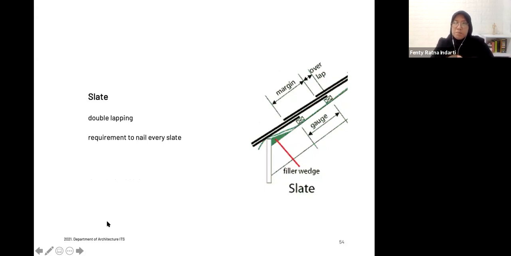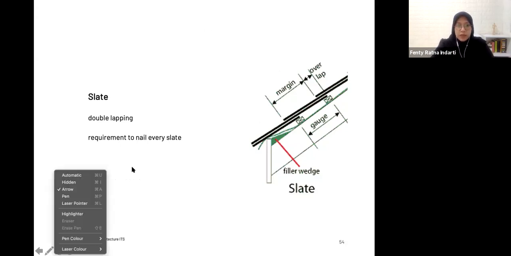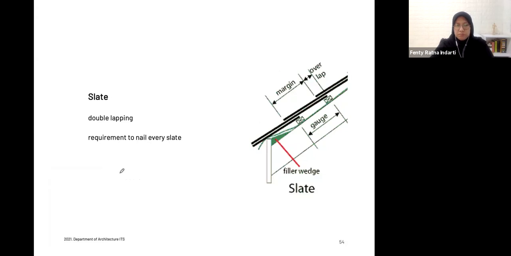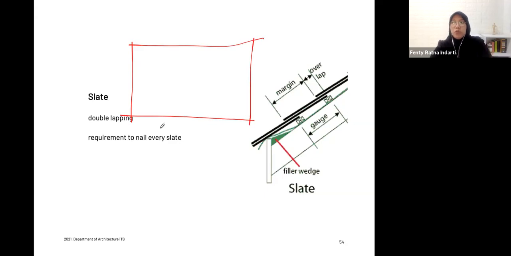This particular configuration is usually used for the metal roof. Well, actually, it's not like every slate. Usually, when you buy a metal sheet for your roof, it comes in a module like this, usually 1.2 by 2.4 meters.